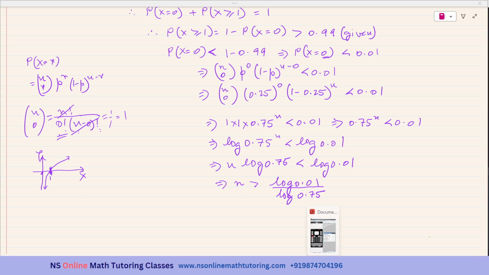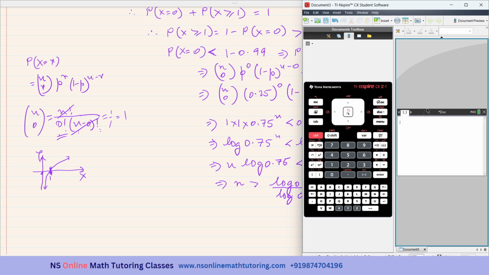And now I'll be using the calculator. So it is the log. I've taken the log to the base of 10. You can take ln also, it doesn't matter. It is log of 0.01 over log of 0.75.